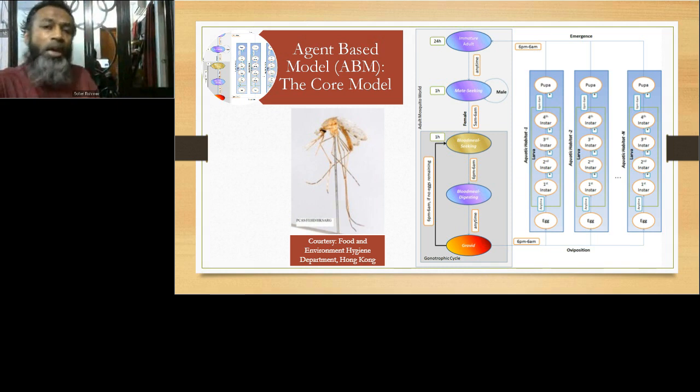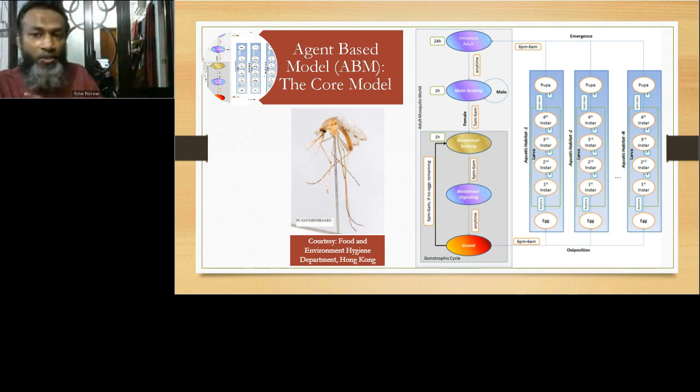So we would like to model this particular life cycle of Anopheles vagus, which I'm showing you now. And as we can see, I will detail on the larval, pupal, and egg hatching and other states.